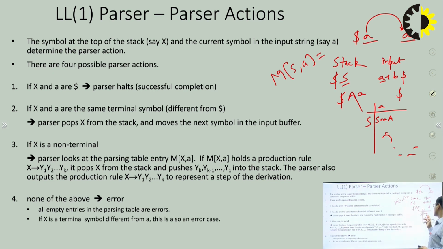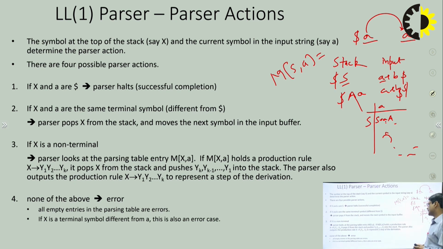Whatever you read from left to right, you place in the stack in reverse. Small a is read first, so it is entered last. Capital A is read last, so it is entered first. So the top of the stack would be small a, then capital A, in reverse order.